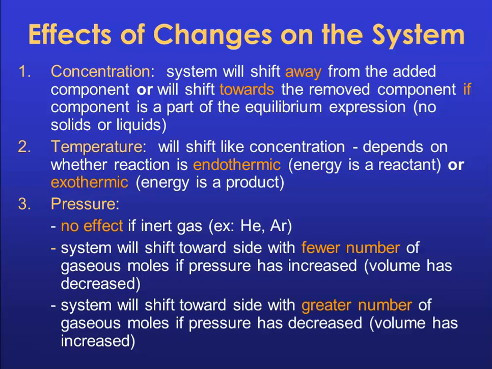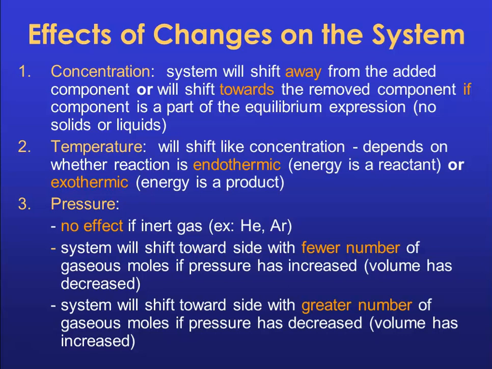Pressure is going to be a little bit different. Sometimes you might add an inert gas that is not a part of your chemical system, and it would have no effect. And if you have equal amounts of moles of gases on both sides of your chemical reaction, you wouldn't see any effect either due to an increase or decrease in your pressure, which is typically caused by changing your volume.